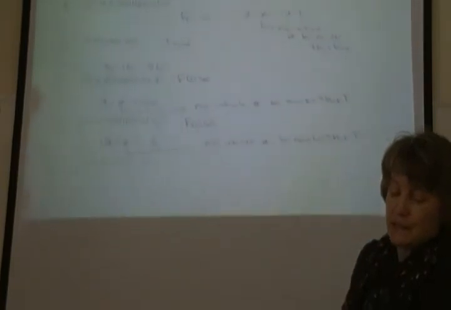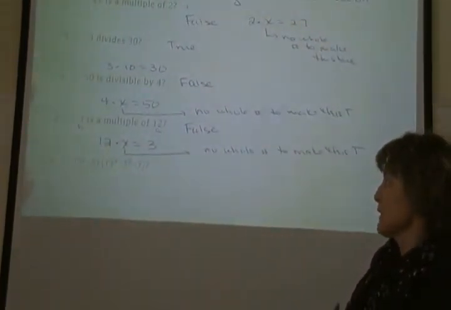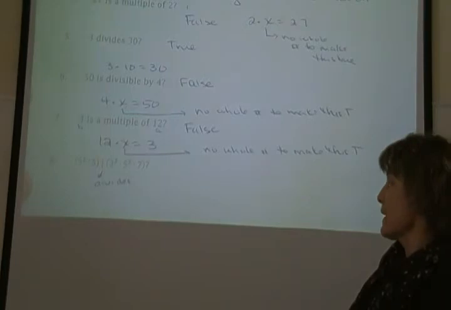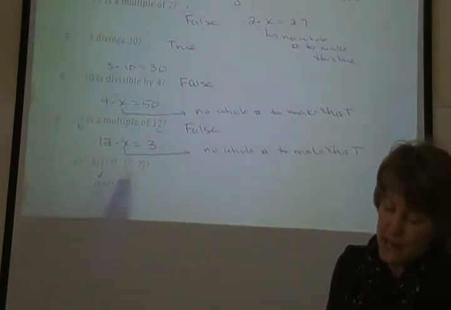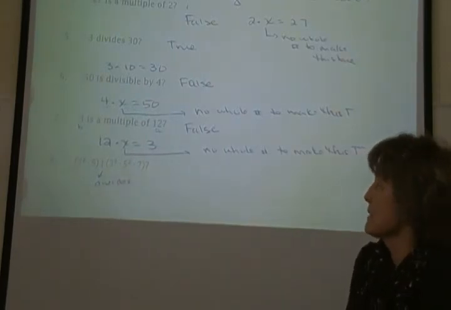And last but not least, here is a question where you're using the divides and you're using prime factorization. So it's a little tricky to think about. If you get tricked, you could multiply this out and multiply that out and think about them just as counting numbers.